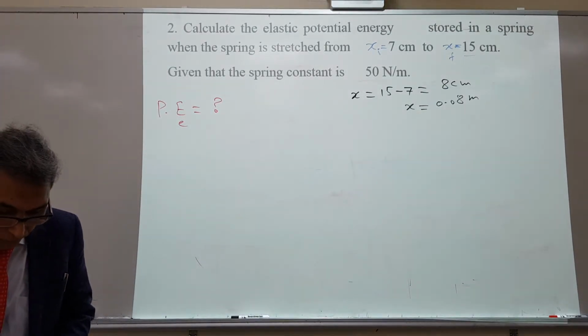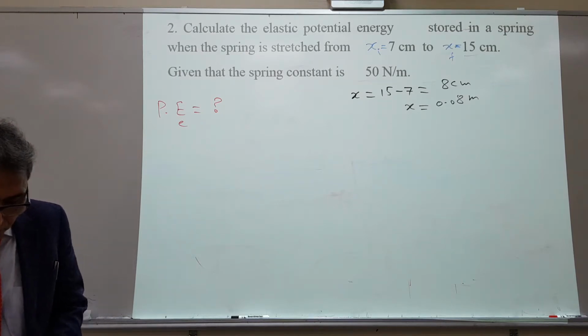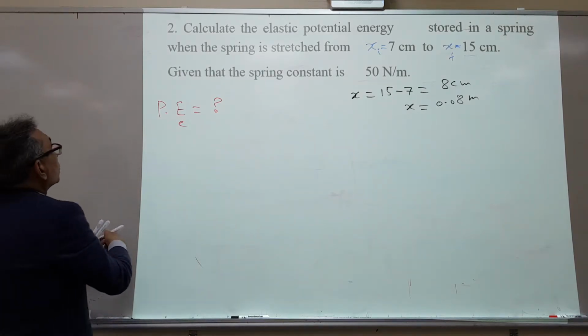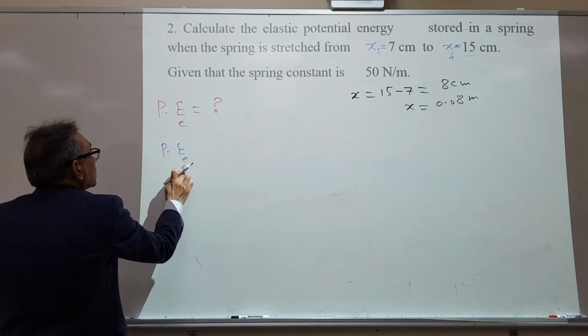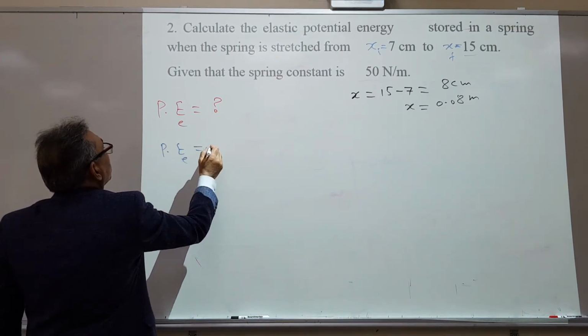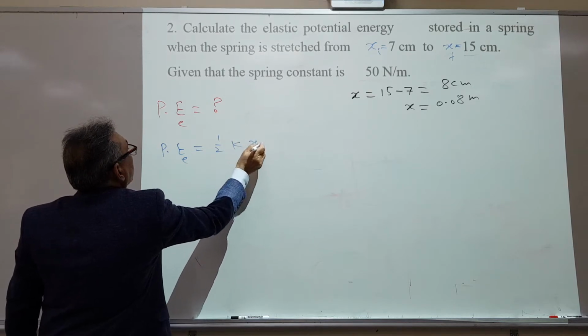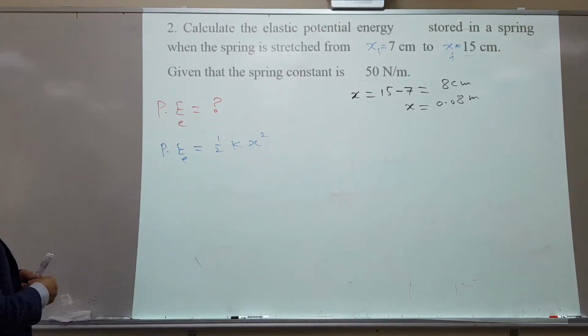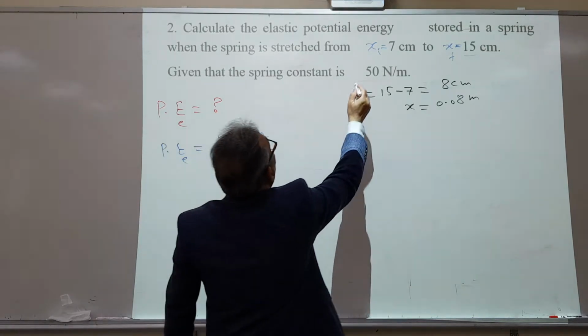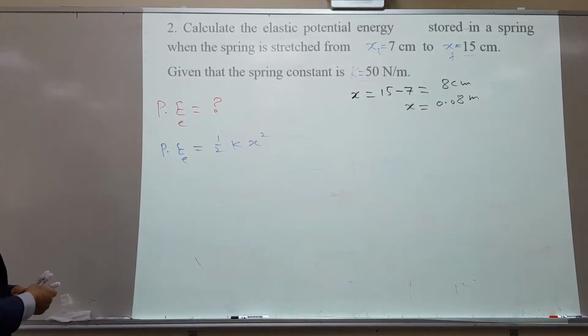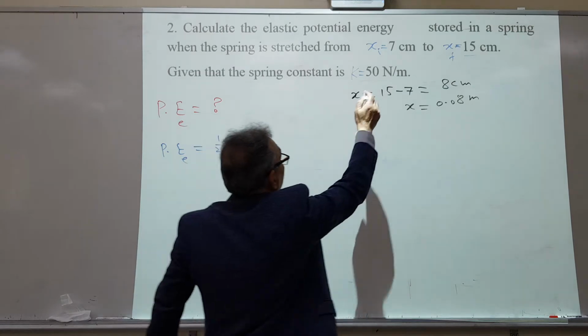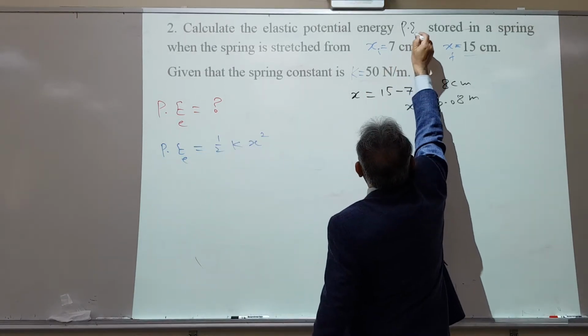Now we know that elastic potential energy due to the spring is equal to half kx square. K is given to you, and you have to find out the elastic potential energy.